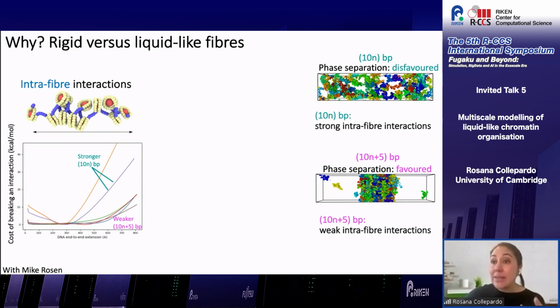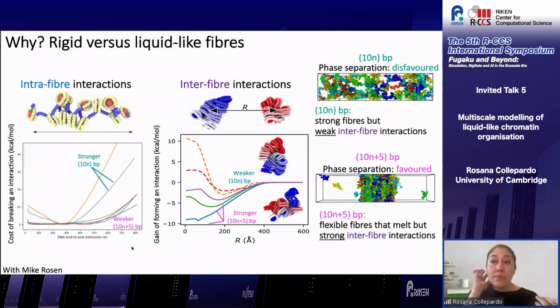And if we look at the patterns of interactions between these different types of systems, we see that because the DNA has a helical repeat of 10 base pairs, then the systems where the DNA length is equal to 10 or 20 and so on, have nucleosomes that are perfectly aligned with one another, forming these rigid chromatin fibers. Whereas in the systems where the DNA is 10n plus 5, now we have this liquid-like chromatin organization where the fibers are way easier to unfold.